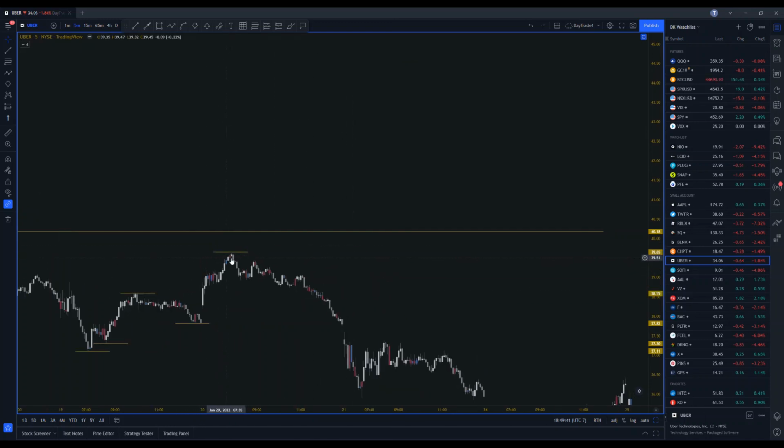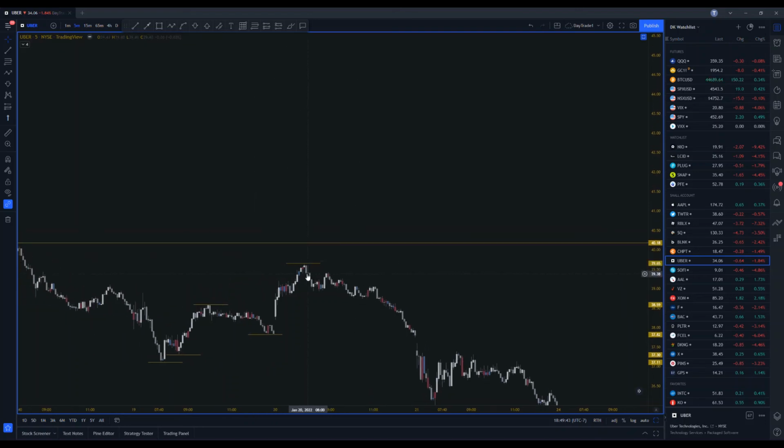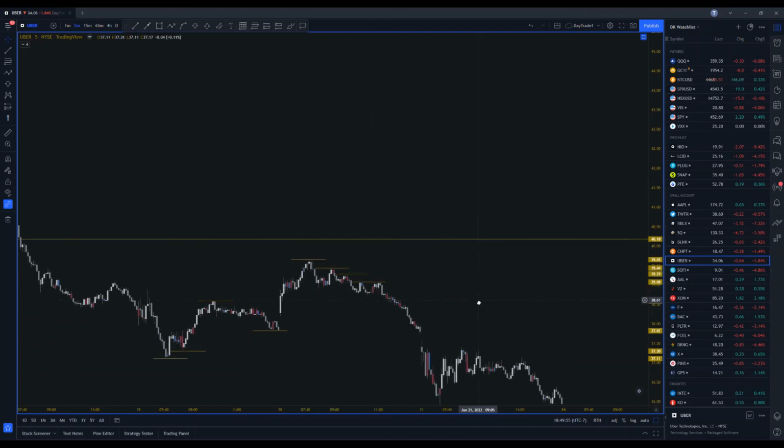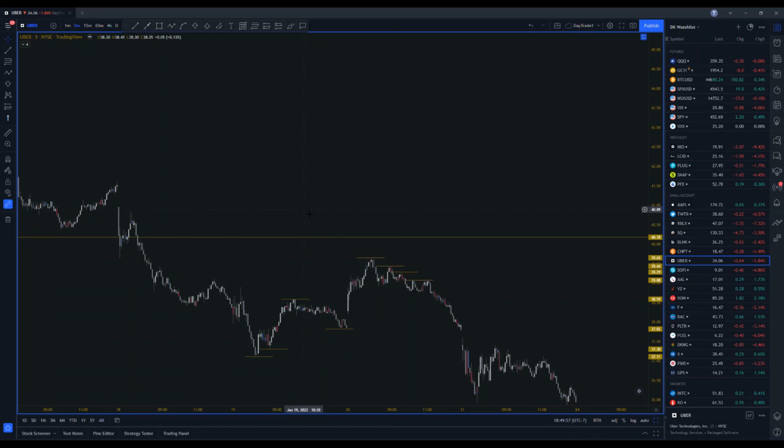And if you didn't want to get in on here because you're like, well, how do I know it's going to continue down? Well, that's fine. Then just wait for one more lower high to be created and then get in on that, right? Because now you can clearly see the stock is definitely trending down. Technically this is the second lower high, because that's 1, 2, right? This is your third one.